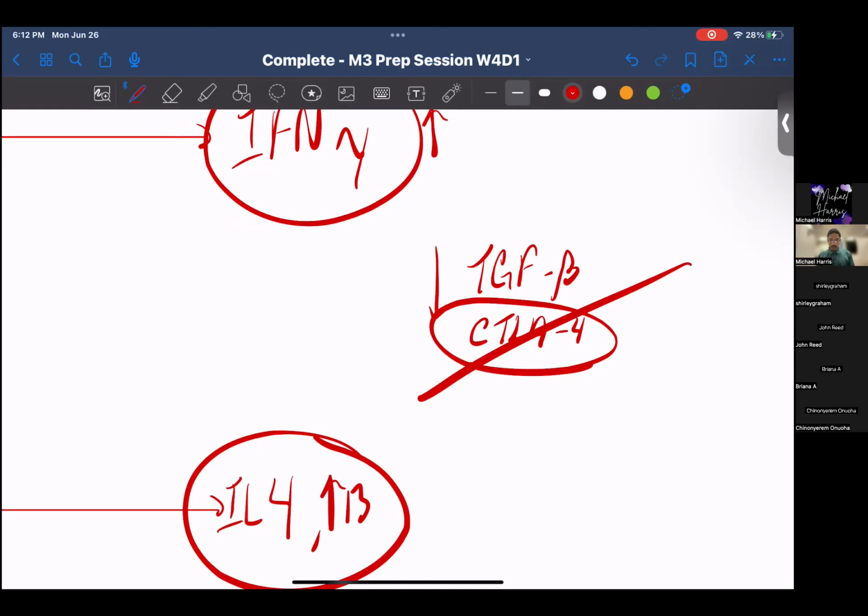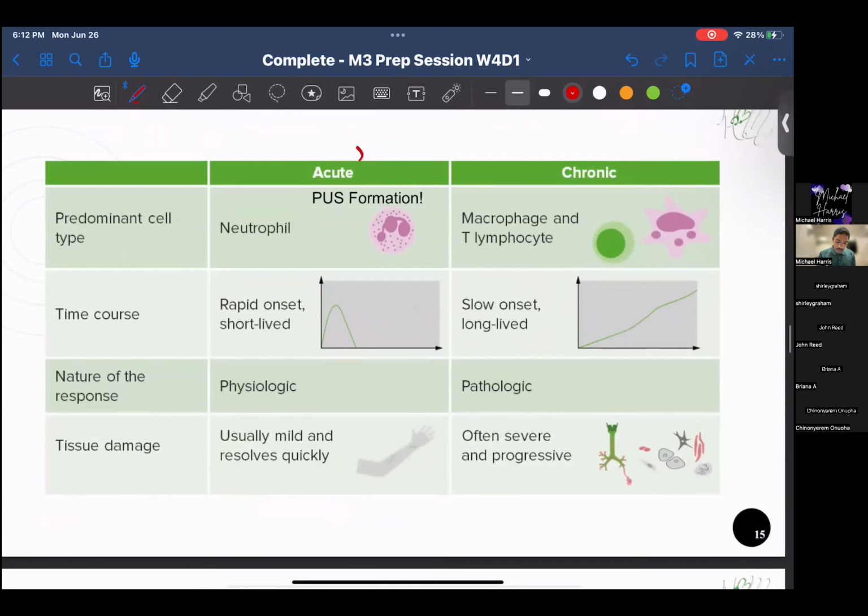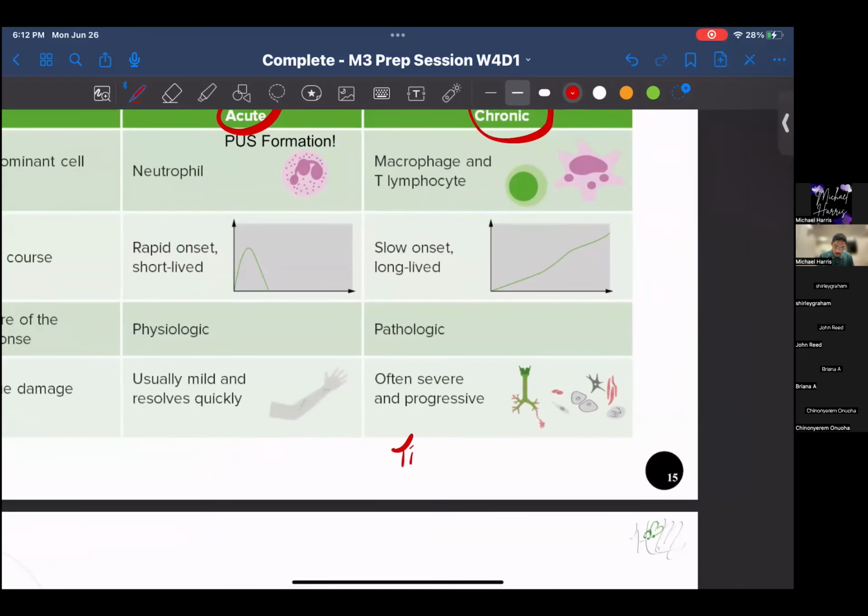Okay, good. Now, we've already talked about the acute phase. Now, with the chronic phase, the other thing I want to talk about is that chronic phase leads to tissue changes. What I mean by that is this.